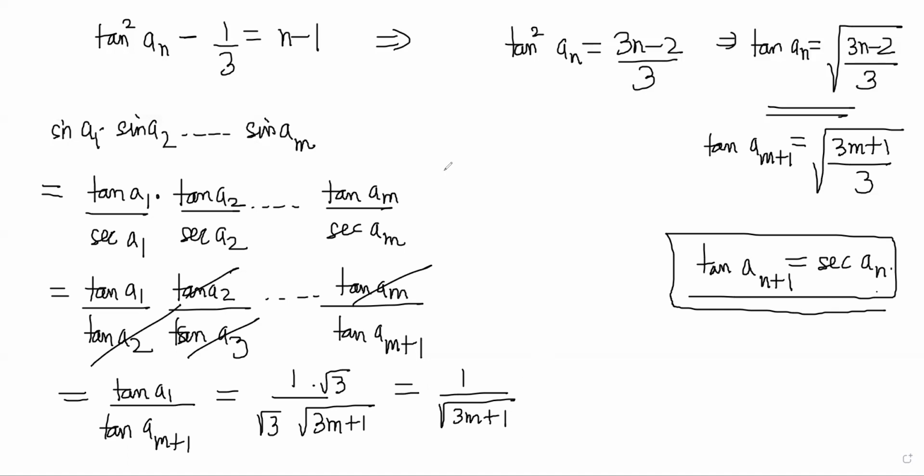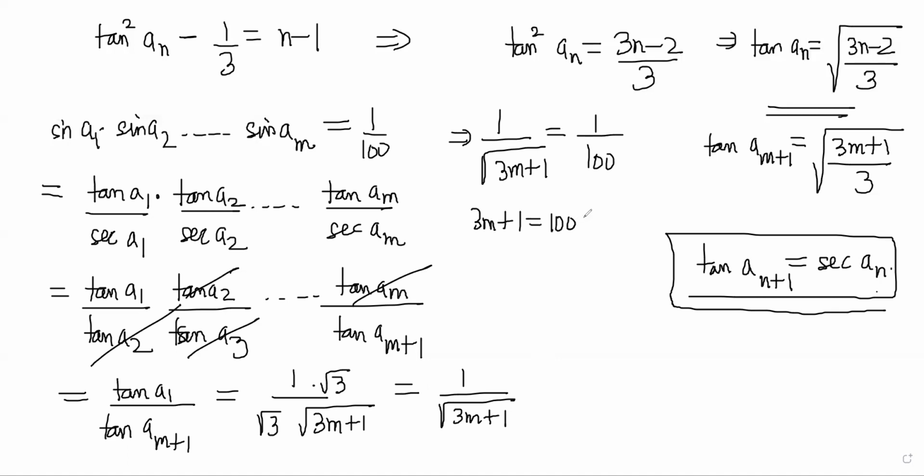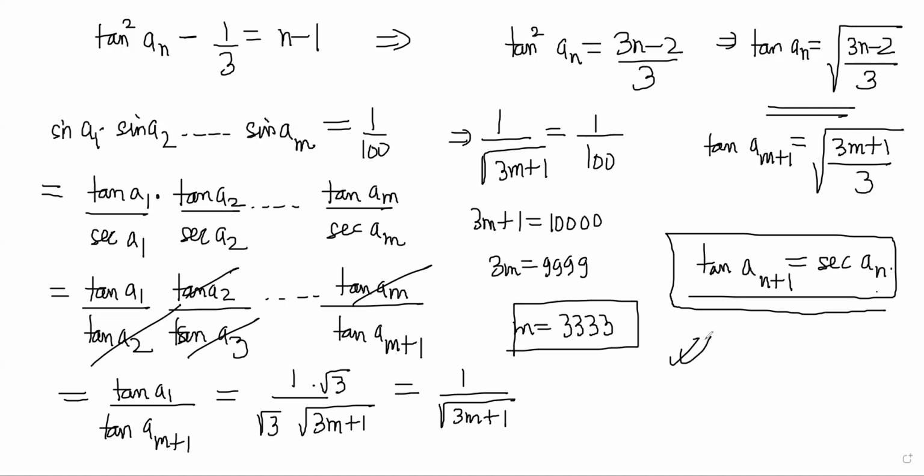So now we have to find a positive integer m such that this product is equal to 1 by 100, which implies 1 by root (3m+1) is equal to 1 by 100. So that means 3m+1 is 10,000, and 3m is 9999, and m is 3333. So that is our answer for this.